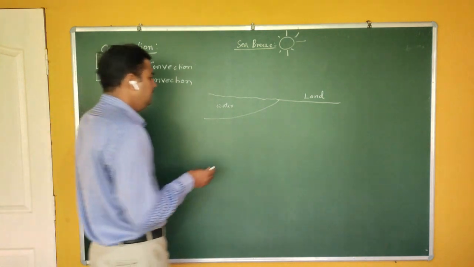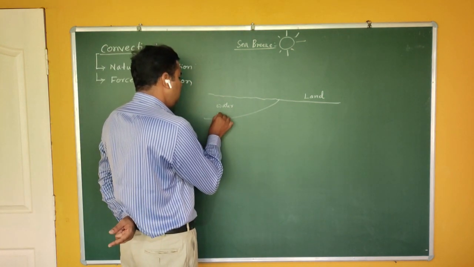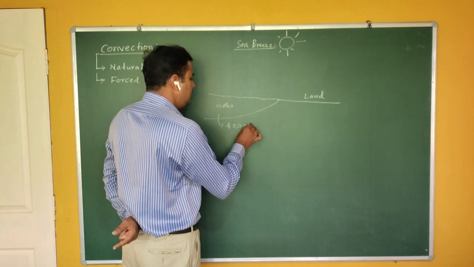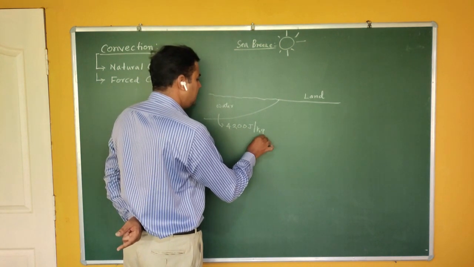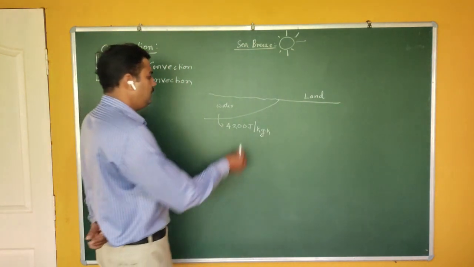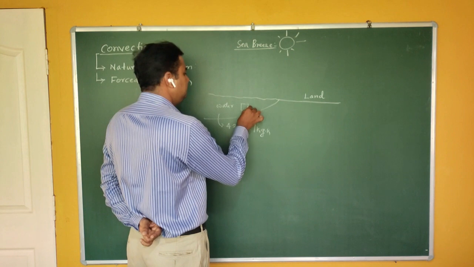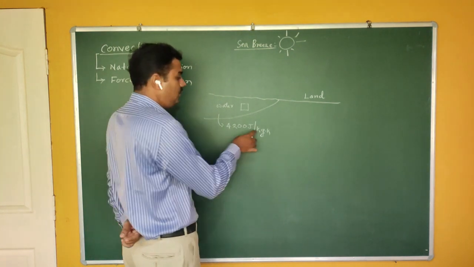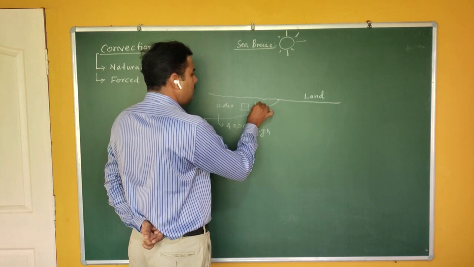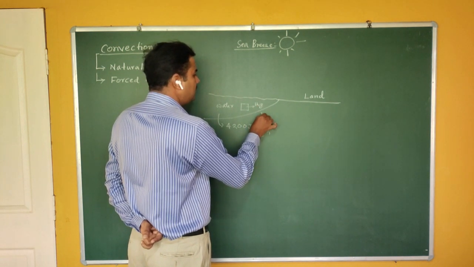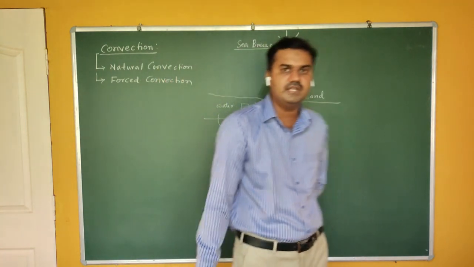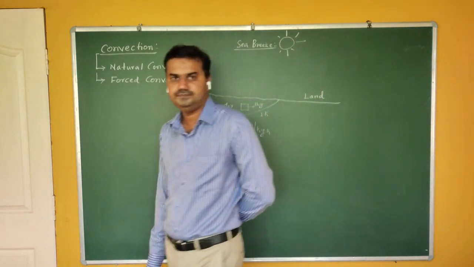But you can see that what is the specific heat of water? The specific heat of water is roughly around 4200 joule per kg Kelvin. What is meant by specific heat? If you take 1 kg of water, if you want to increase its temperature by 1 Kelvin, then roughly you require an energy of 4200 joule.